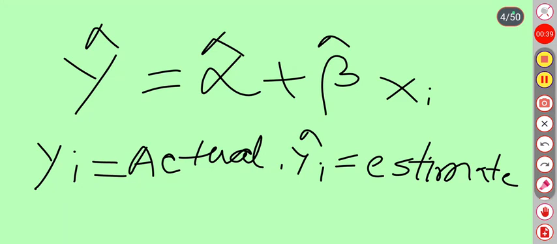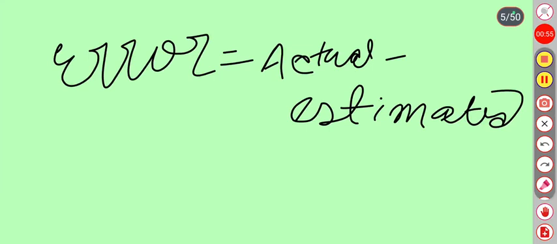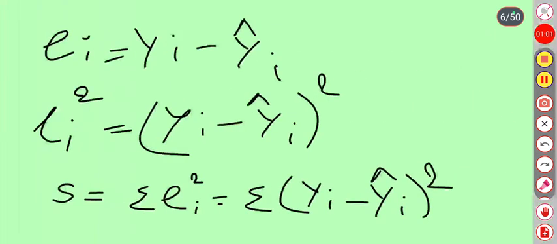Here y hat is the estimated value, alpha hat and beta hat are the two estimated parameters, yi is the actual value and yi hat is the estimated value. Here the error, ei, is equal to actual minus estimated.